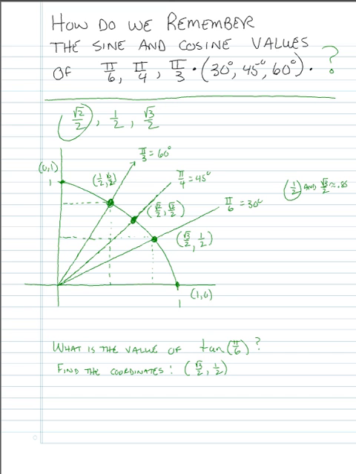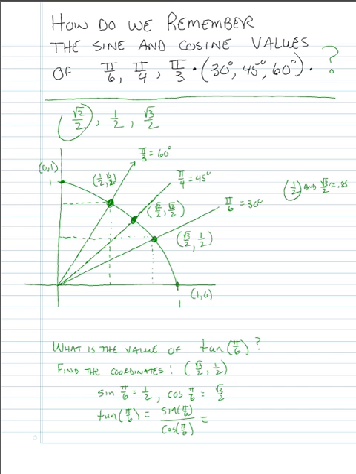From that, we know that the sine of pi over 6 is 1/2, and the cosine of pi over 6 is the square root of 3 over 2. And we know that the tangent of any angle is the sine of that angle divided by the cosine of that angle.